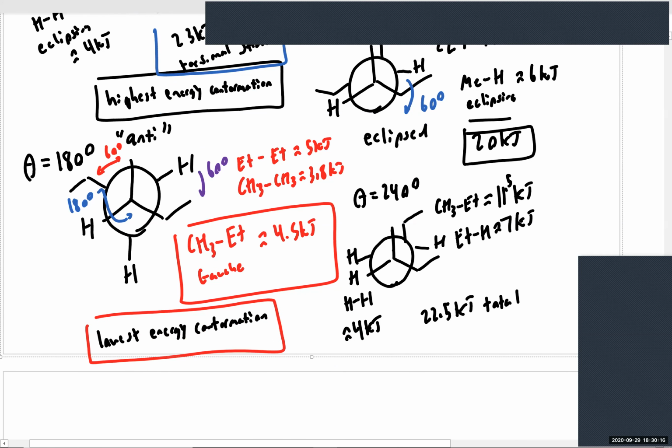So this 240 degrees would be our second highest energy conformation. Does that make sense to everyone? Does this analysis and how I drew this structure from my previous Newman projection make sense?